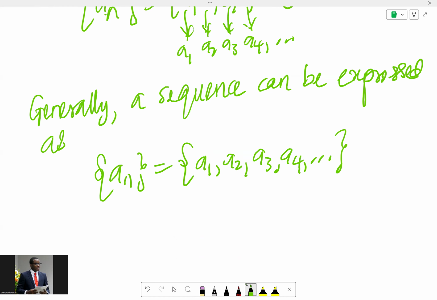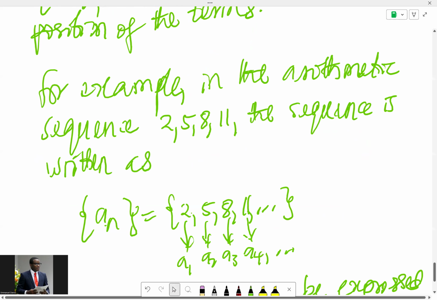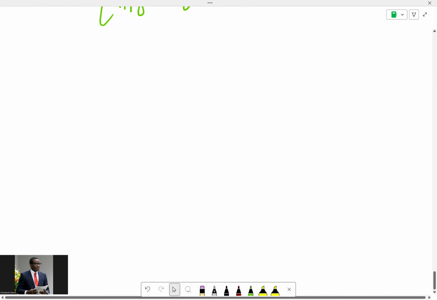Just like we have found before, right? We can also talk about the general term of a sequence.